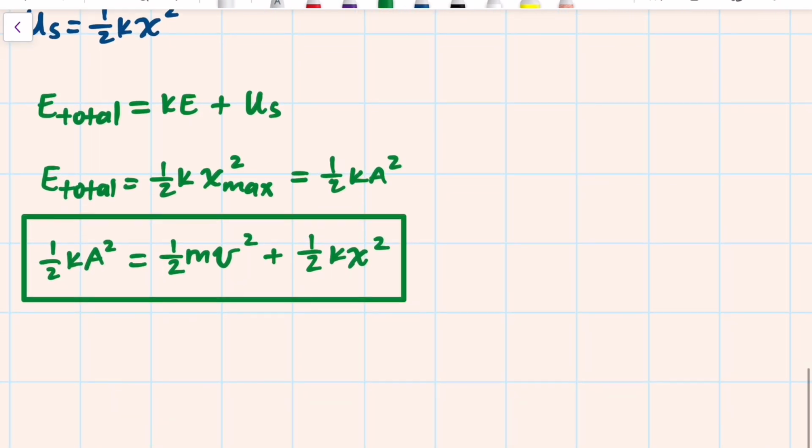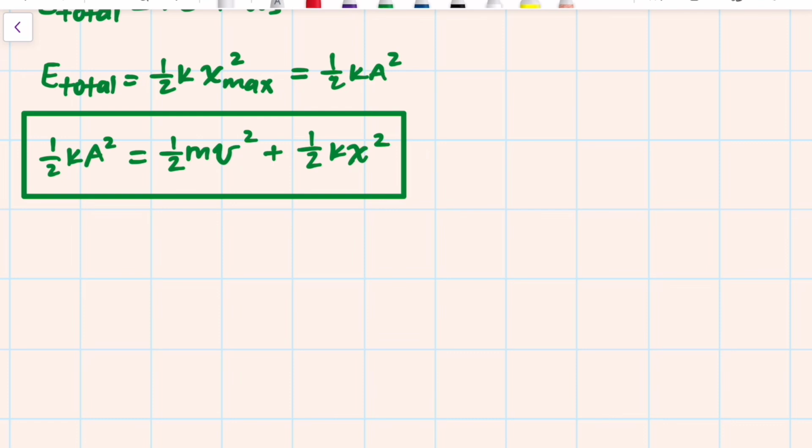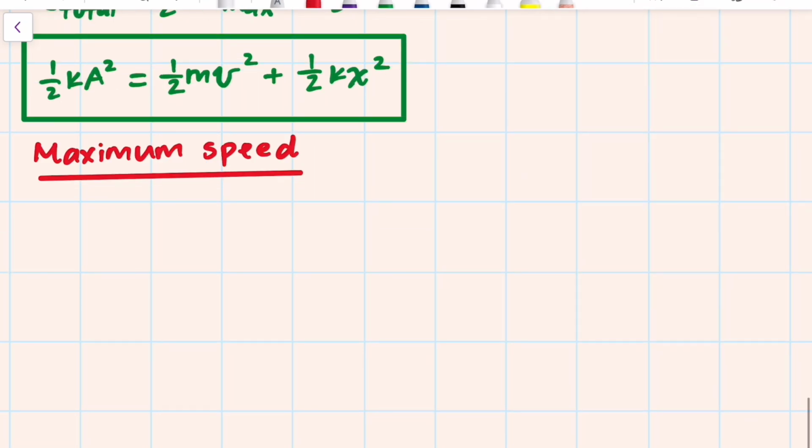What if we wanted to know the maximum speed of the mass on the spring? Well, we know that the maximum speed corresponds to a displacement of 0. Therefore, when I write this down, this term cancels because I would plug in 0 here, and the elastic potential energy, when the mass on a spring is at its maximum speed, is 0.